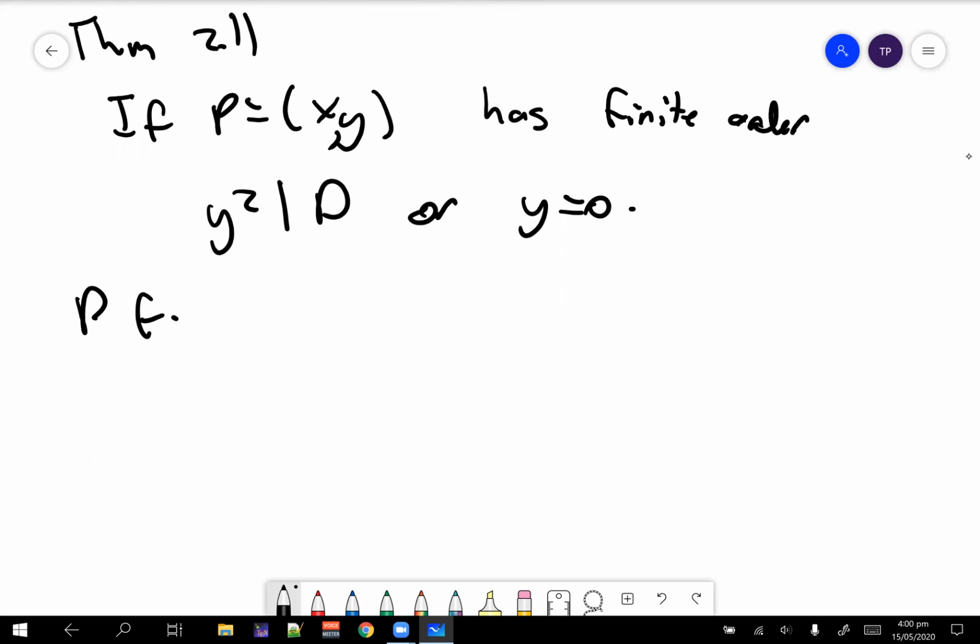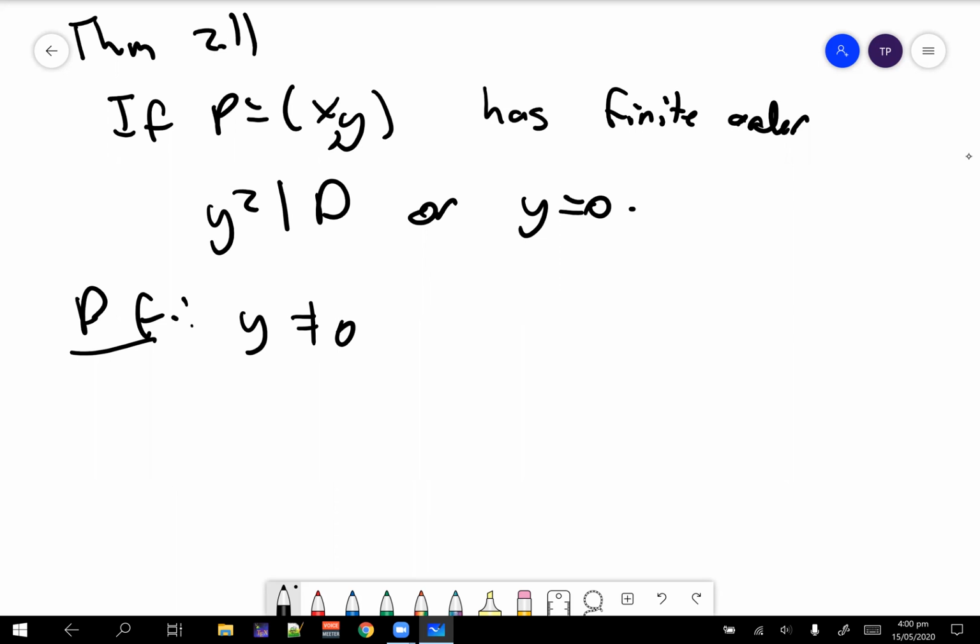First we have to assume y is not 0, because we don't want the order of P to be 2.